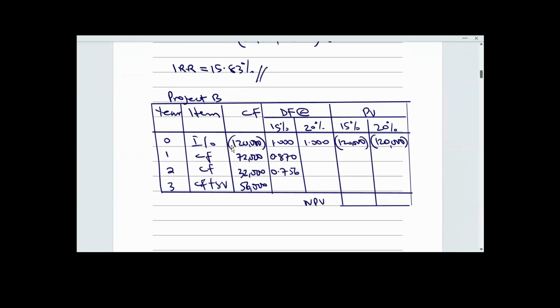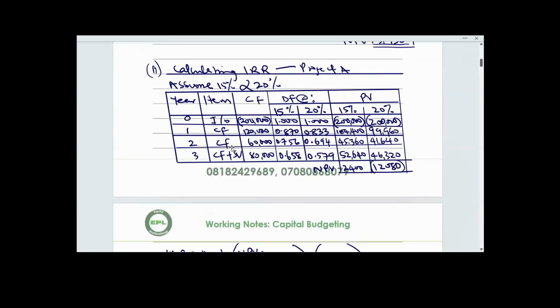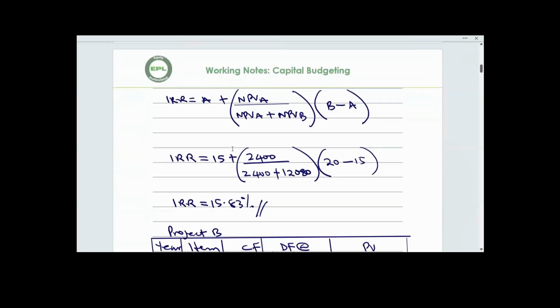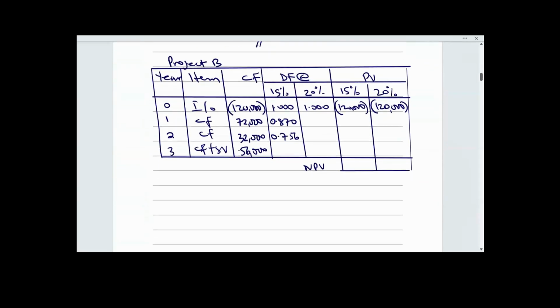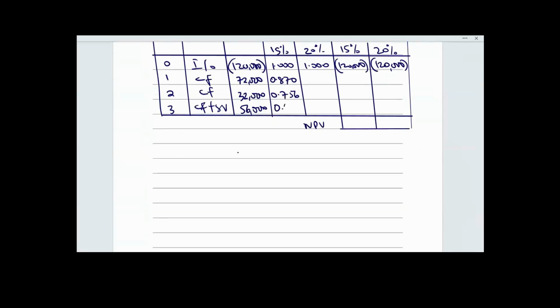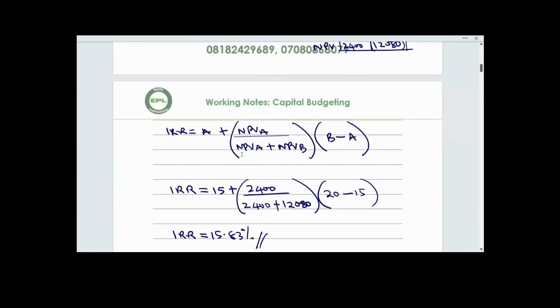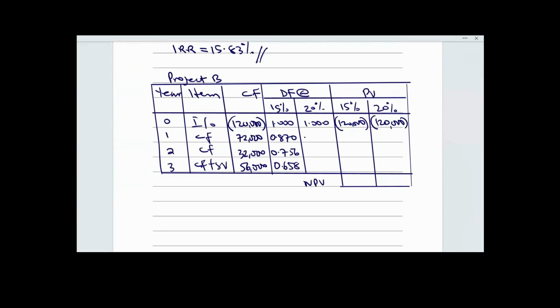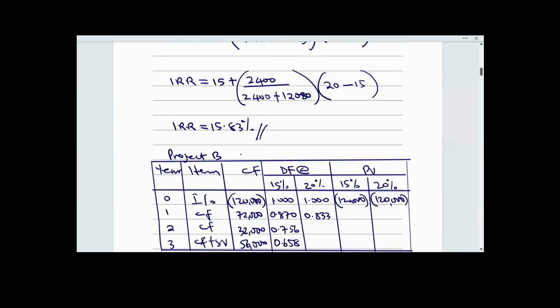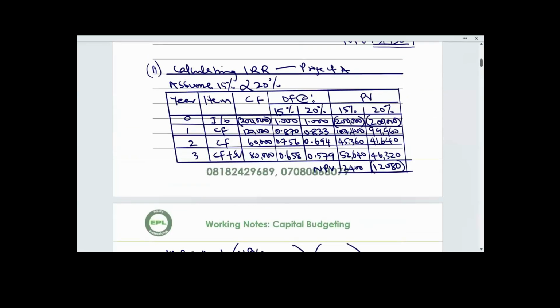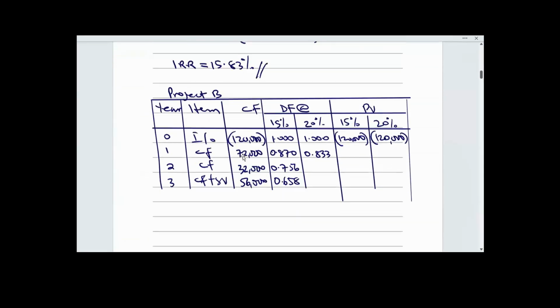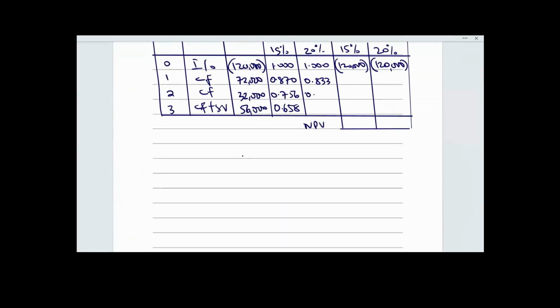And then year 3 is 0.658. At 20%, we calculated 0.833. For year 2 at 20%, 0.694.